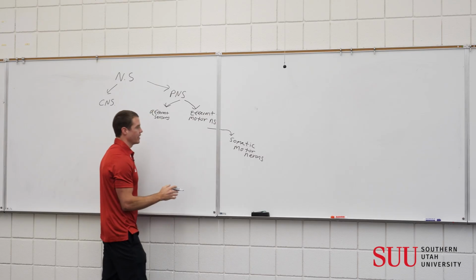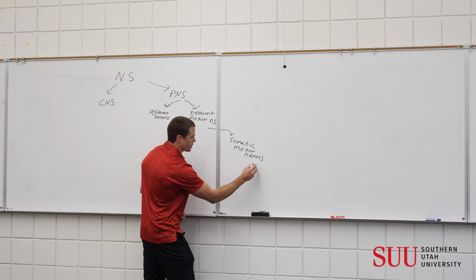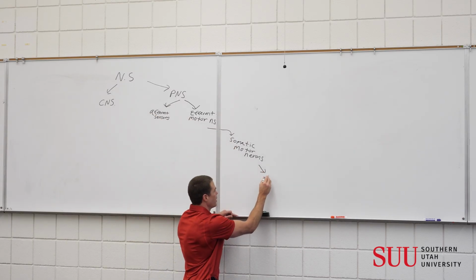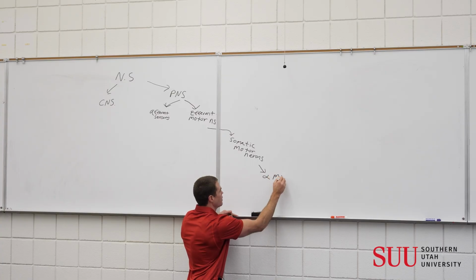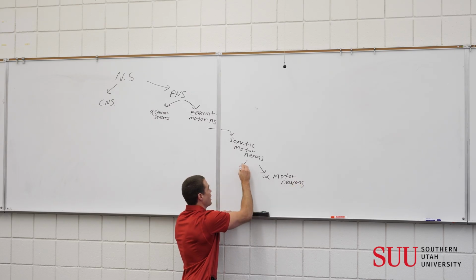All right, and then you can have different somatic motor neurons. You can have, for example, your alpha motor neurons. And you could also have your gamma motor neurons.